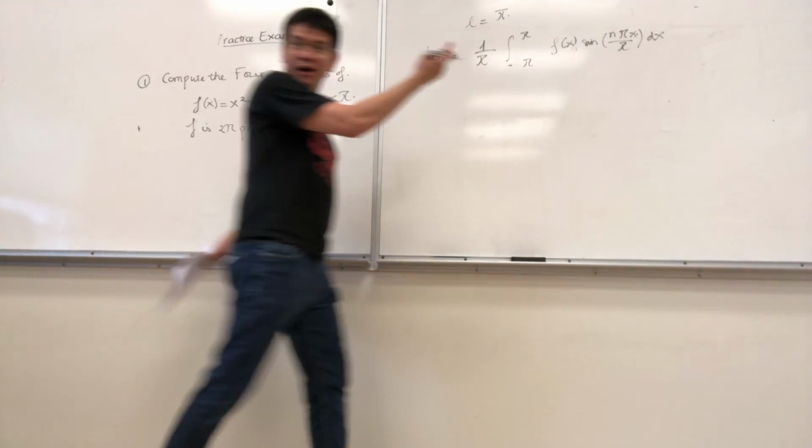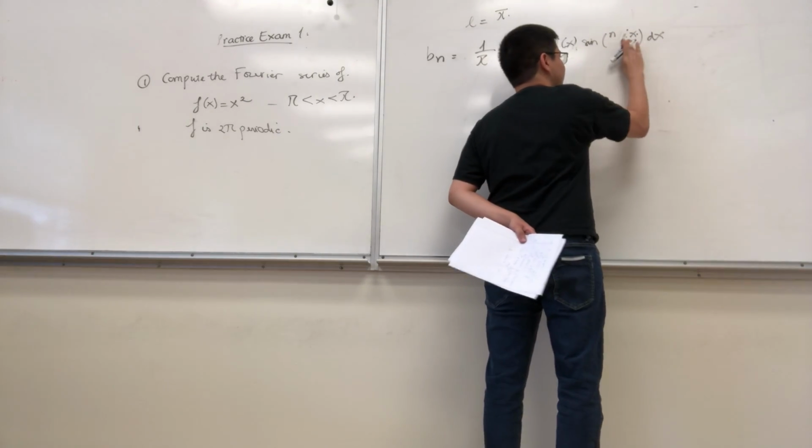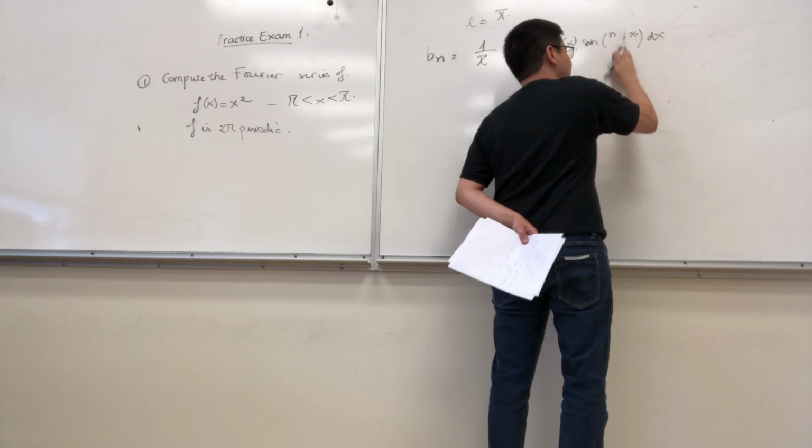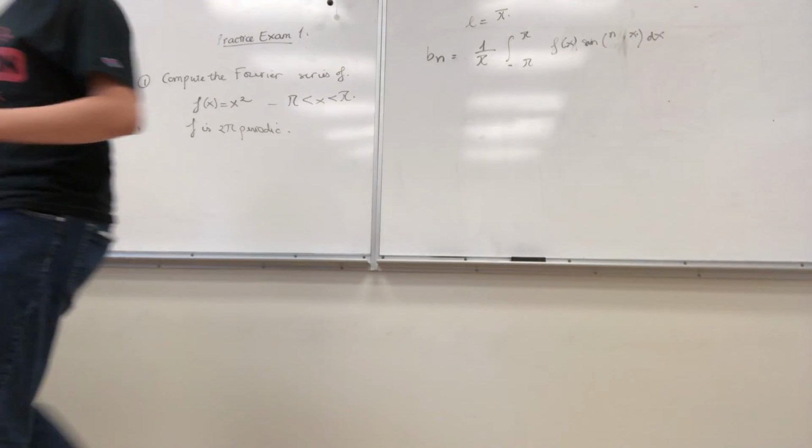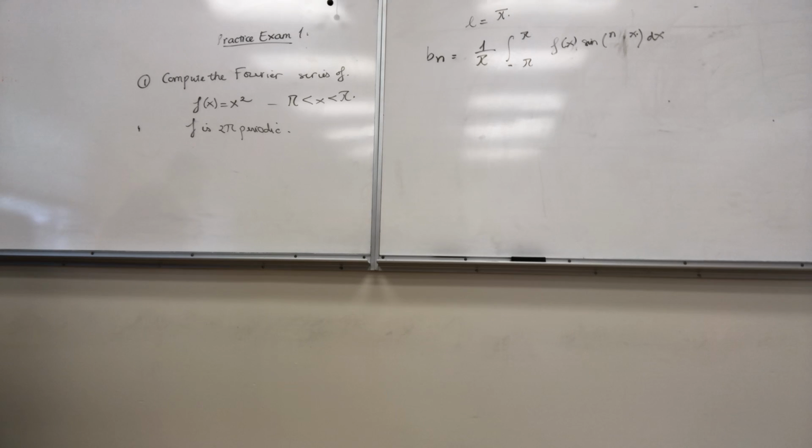But here you have pi, so I can forget about pi over pi, so it's gonna be this one. Can we assume that since it's x squared, f of x is an even function, so b of n would be 0? Yes, this is something that we have to check. Well, this is what we are checking now.